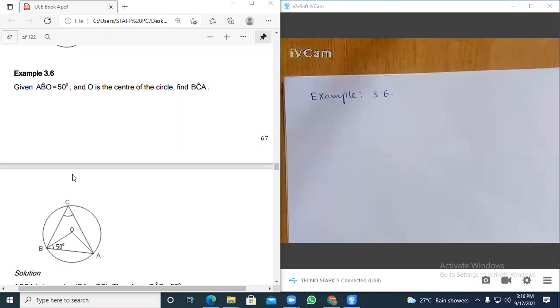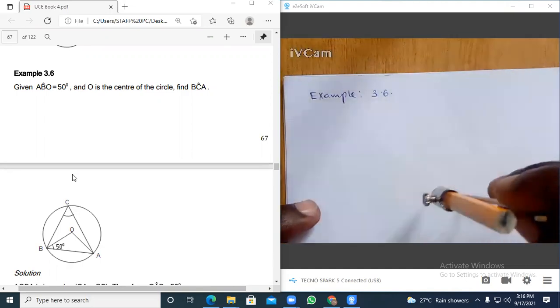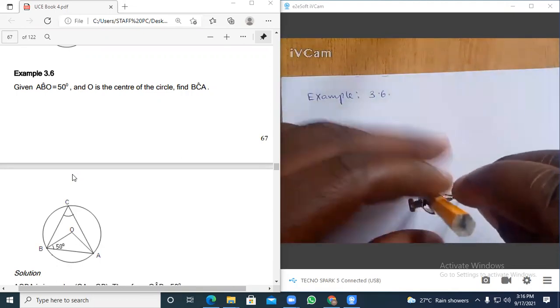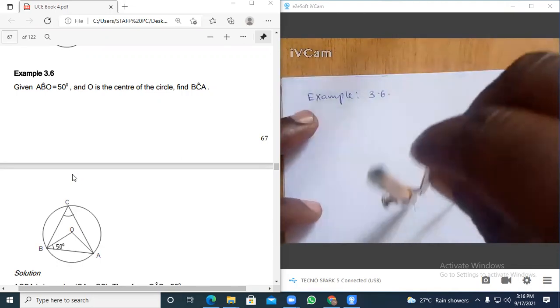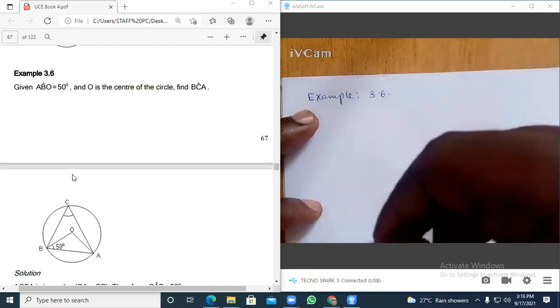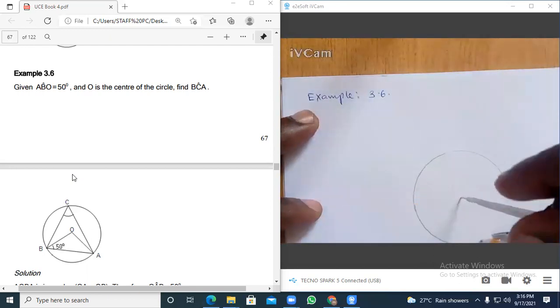So that's telling you that we are given that angle ABO is 50, then O is the center. Then they are telling you to find the angle BCA. So I will draw that first.